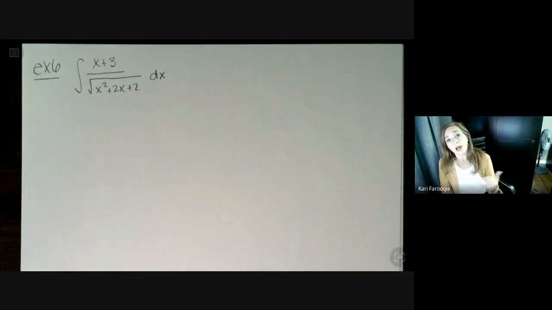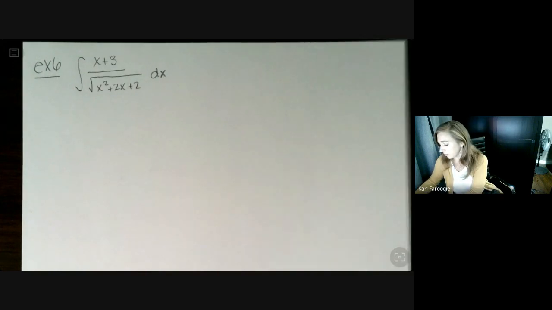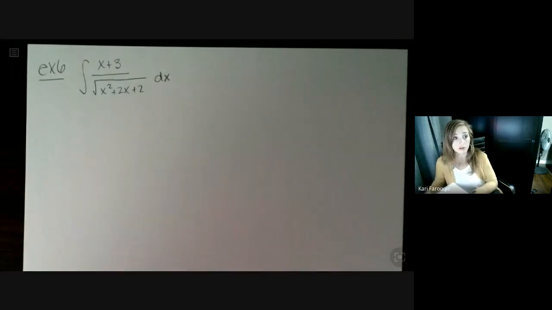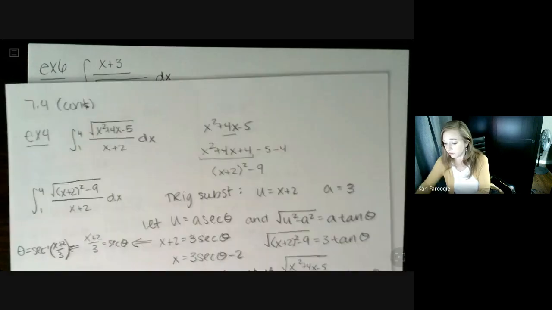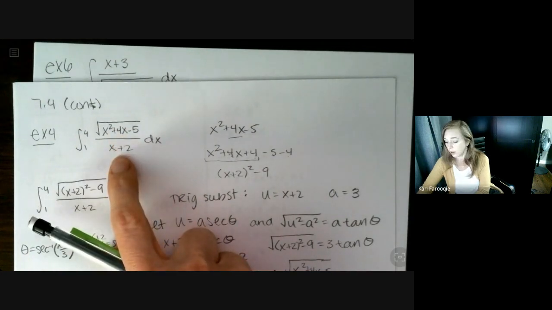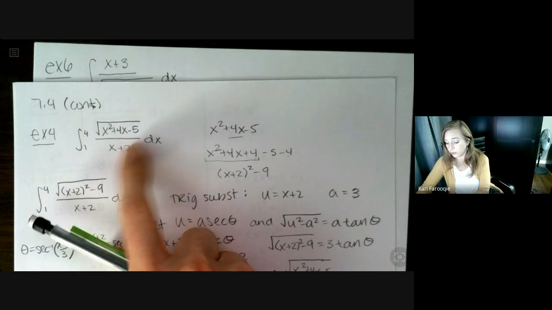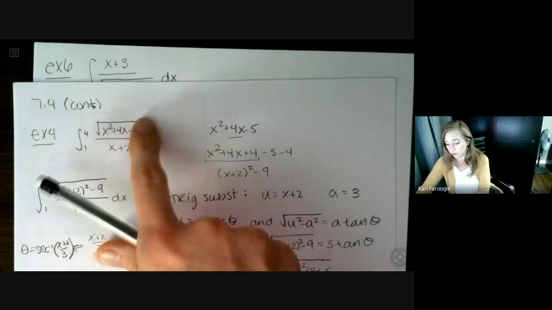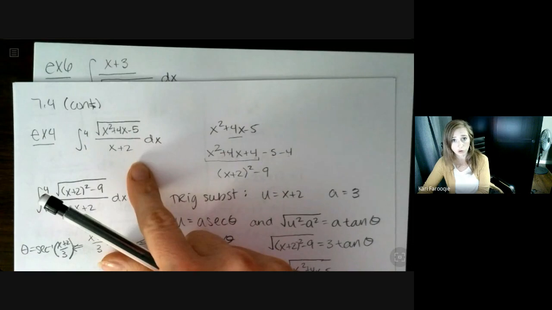Now, I would think that before you ever started a trig substitution, hopefully you would check first to see if you were in the form of a natural log. So I'm looking back at what we did in example 4 and example 5. When I started out example 4, I said there's no way you can be in the form of a natural log function or any sort of u substitution, because if you let your u be in the numerator, your du would be in the denominator, which you don't want.